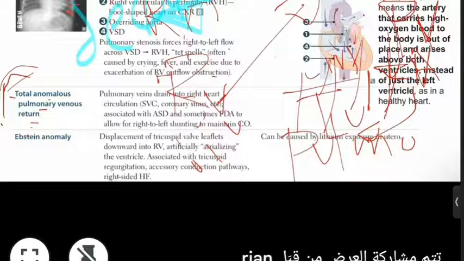So from where will the aorta get this oxygenated blood? The oxygenated blood comes to the right side of the heart, and the aorta is found on the left side of the heart. So from where will the aorta get the oxygenated blood to deliver it to the body?